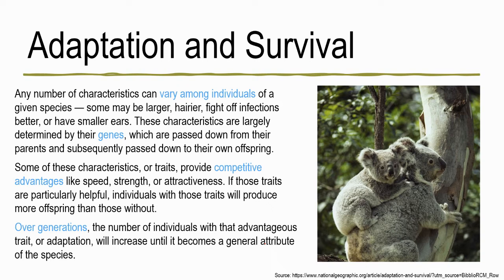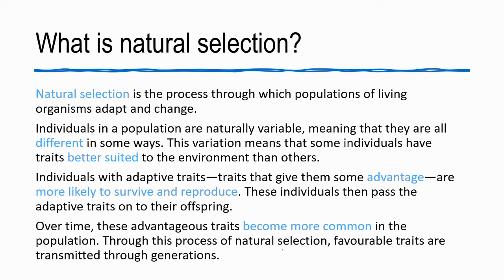If these traits are particularly helpful, individuals with those traits will produce more offspring. Okay, so the ones that have the advantage will survive better, they will reproduce better, and they will have more offspring than those without these traits. And so over generations, the number of individuals that have advantageous traits or adaptations will increase until it becomes a general attribute of the species. So this leads to natural selection.